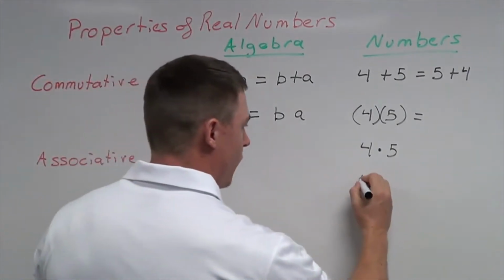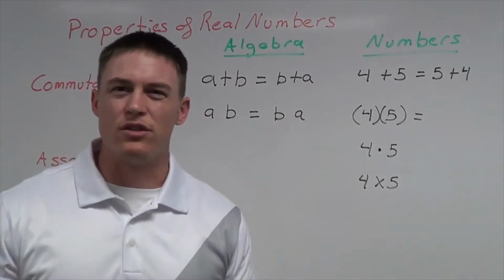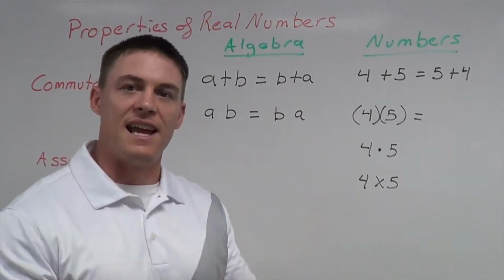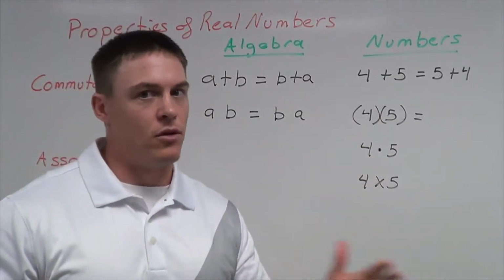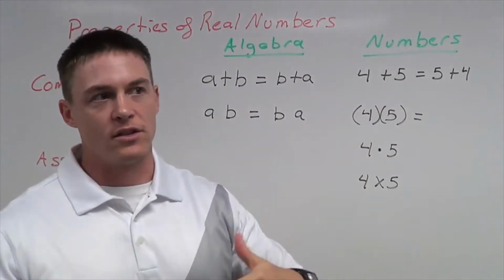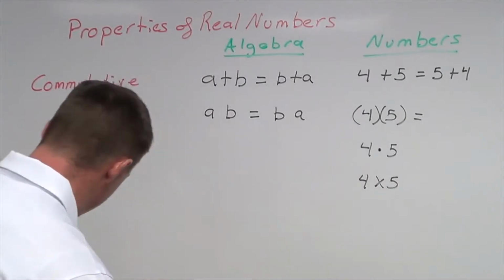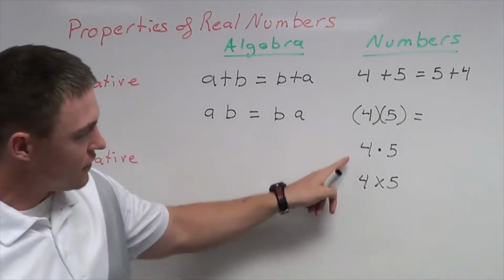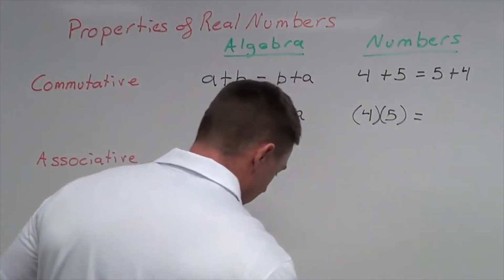Or I could use 4 times 5. But these bottom two examples here, we usually don't use those this late in algebra. The dot sometimes can look like a decimal, so we don't usually use that. And the X, the multiplication symbol, well, just like I said, it looks like an X, so sometimes it looks like a variable. So these two we don't even use, and instead we use parentheses to tell us the two numbers are multiplying together.